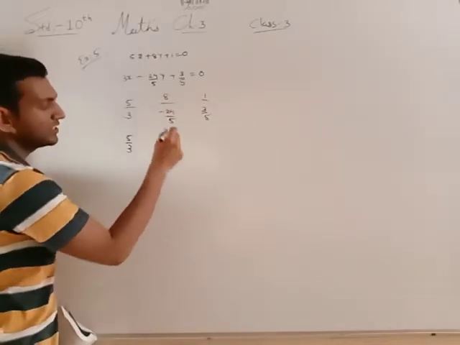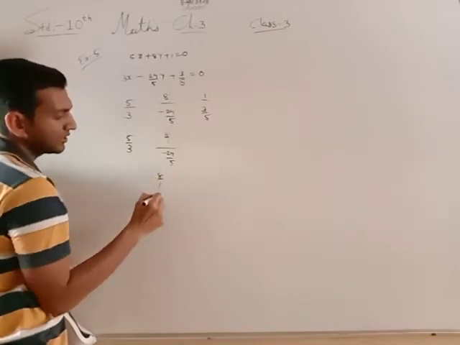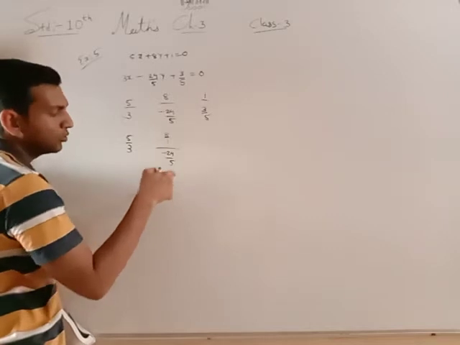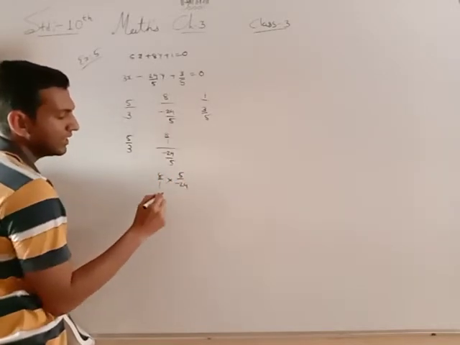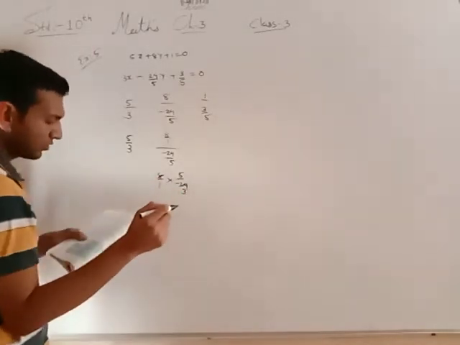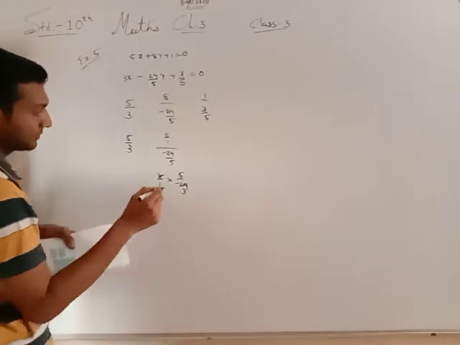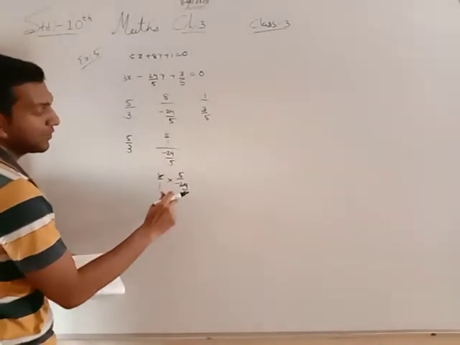Now I want to solve this mathematical expression. The first ratio is as it is, multiplied by the reciprocal of the denominator. So 5 into minus 24, 8 threes are 24. So 5 by 3. Here 5 by 3, here minus 5 by 3.